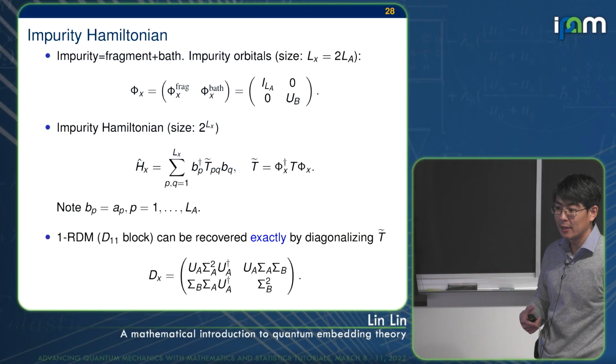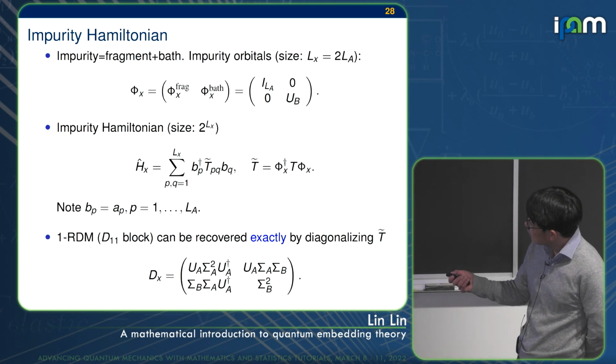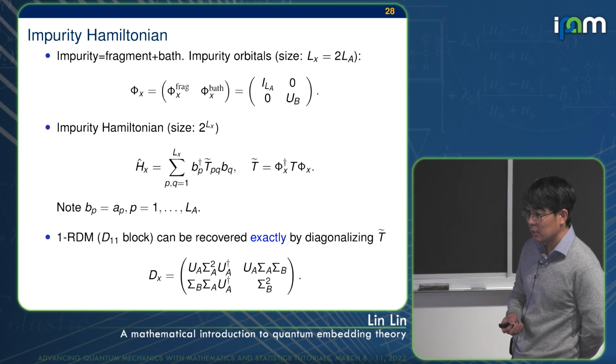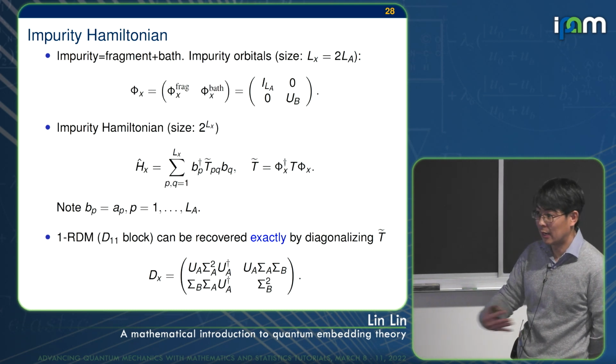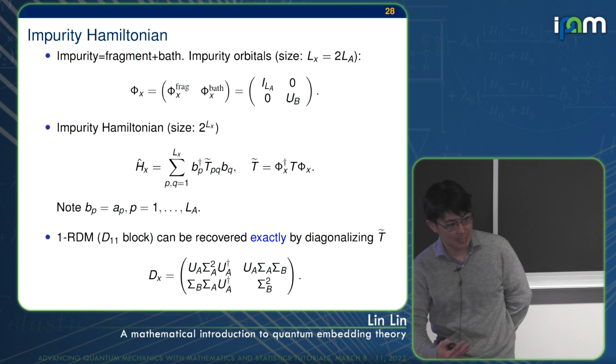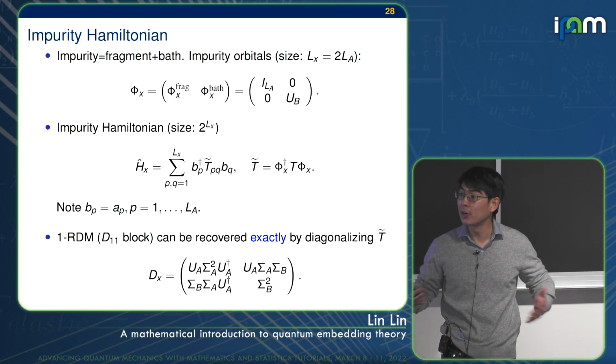That is why it is possible to reduce the dimension and solve a problem only of size 2 to the Lx, so that you recover the non-interacting limit. Of course, this is not a suggested method if this is all you want to do, because you don't gain anything out of it, but there is consistency.